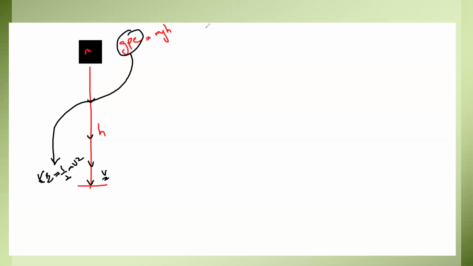So we can say the change in the gravitational potential energy is equal to the gain in kinetic energy. So potential energy is mgh and the kinetic energy is half mv square. When we simplify this formula, m will cancel with m.